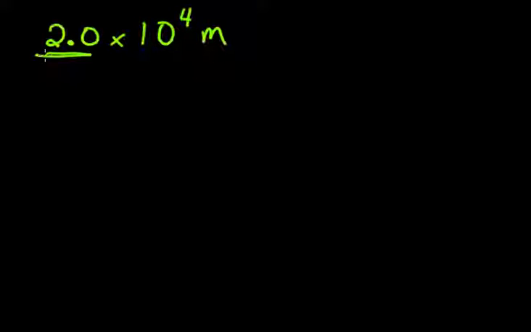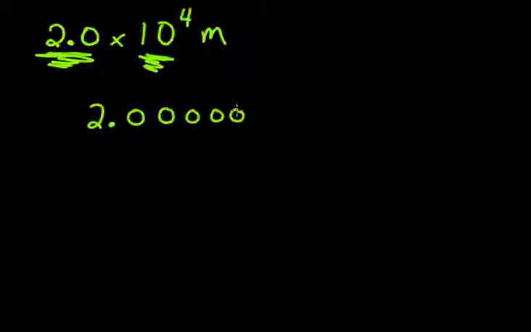I have my A here, which tells me a measure. It's saying I'm having 2 units, and the size of each of those units is 10 to the 4th meters. So I'm going to write my 2.0 here. I'm going to add my zeros to the right. Notice how we're moving in a different direction. It's because this is a positive 4 here, so my direction has changed.